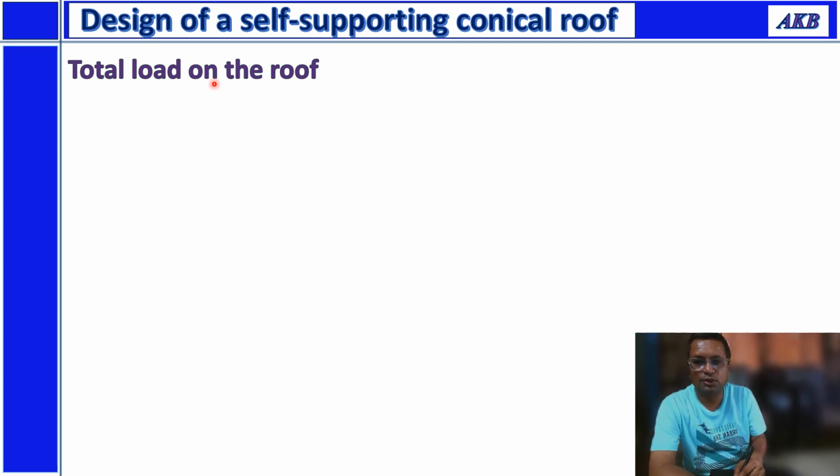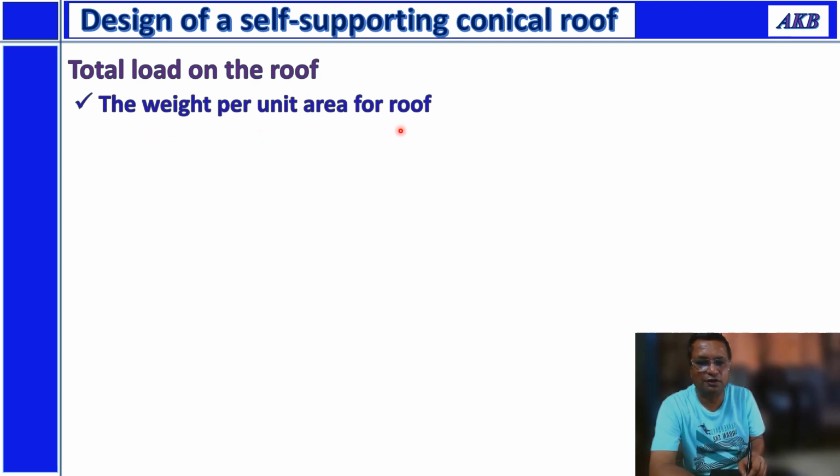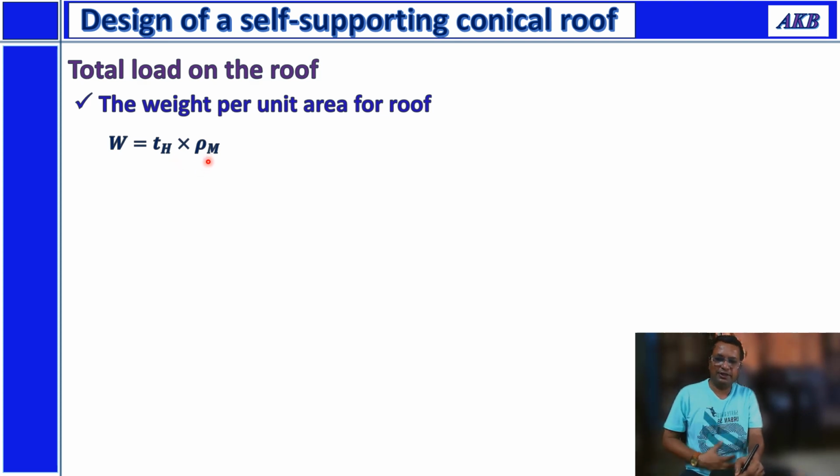Now let us talk about the design of a self-supporting conical roof. For that, first we need to calculate the total load on the roof. First you need to calculate the weight per unit area of the roof. How are you going to calculate it? Let it be W. That will be the thickness of the roof into the density of the material of the roof.